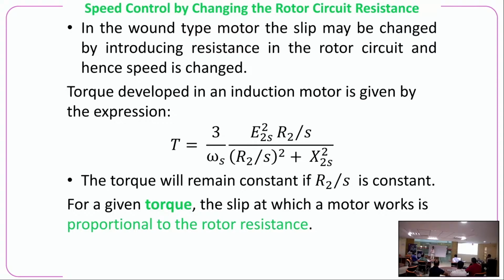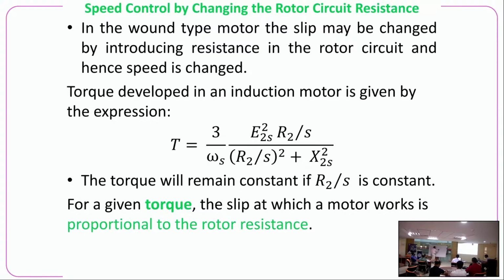You recall the equivalent circuit. In the equivalent circuit, you have a resistance R2 dash by S in the rotor circuit; this represents the power, torque and mechanical power. So this resistance into I2 dash square, where I2 dash is the current, is the power.